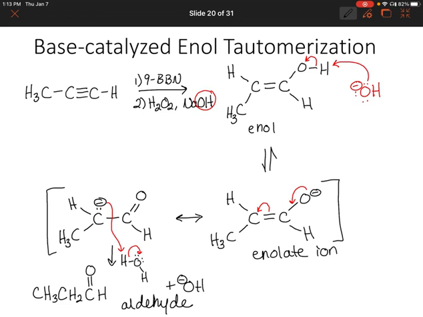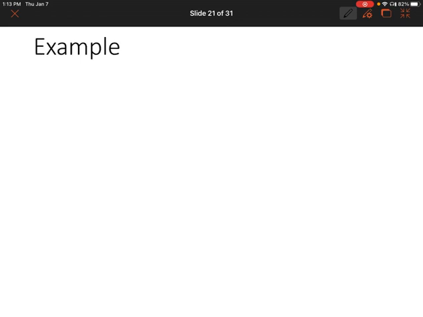All right, so let's do a couple of practice problems. So in the first practice problem, I'm going to give you an alkyne. And you're going to perform hydroboration, oxidation on this alkyne.